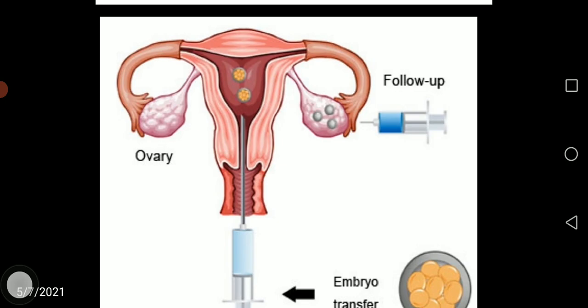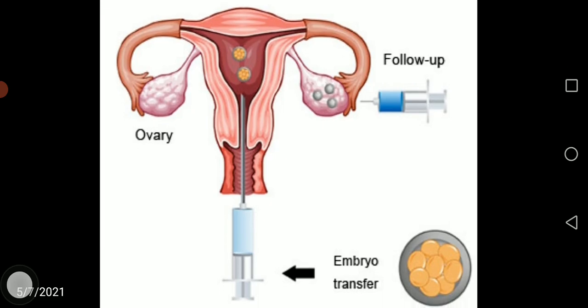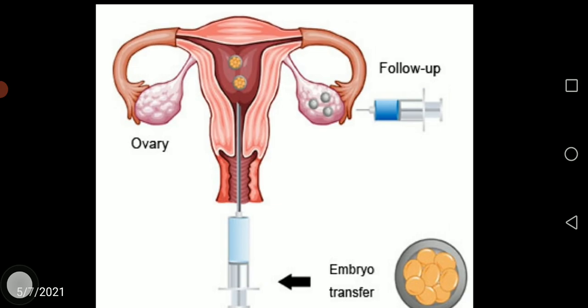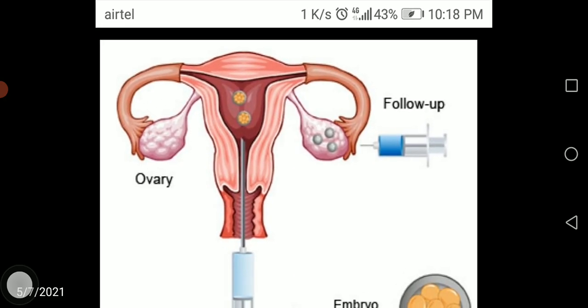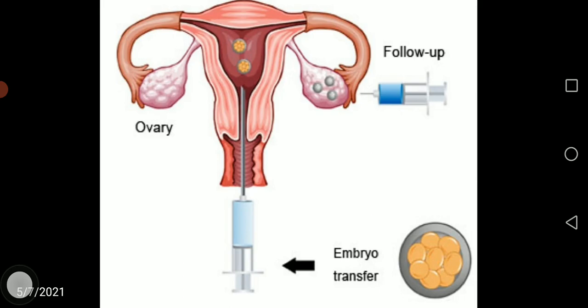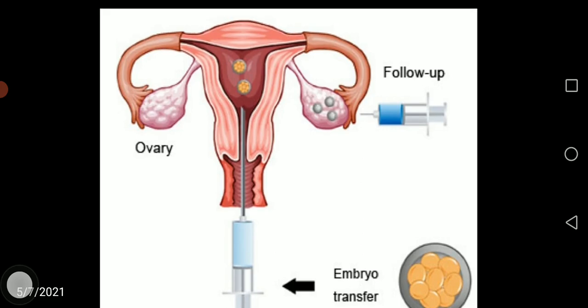The excess embryos may be cryopreserved, which means one or two embryos are introduced and the others are kept frozen in a freezer for future use, in case the embryo does not develop properly.